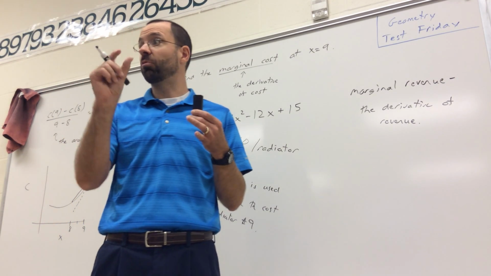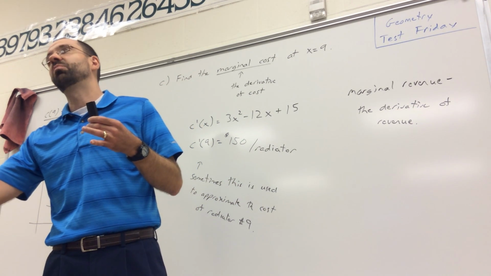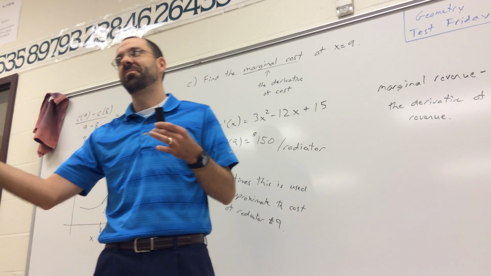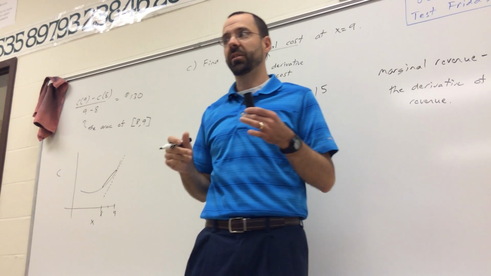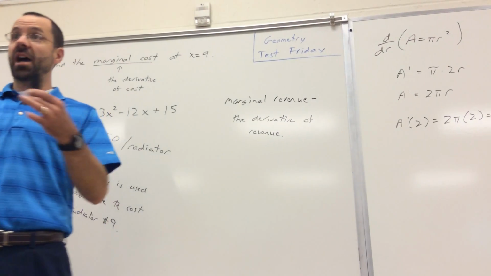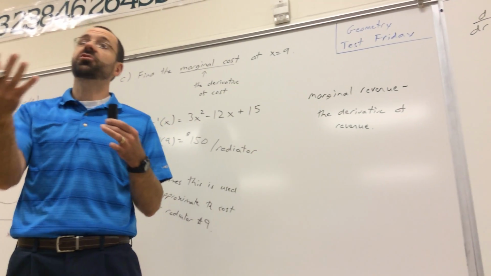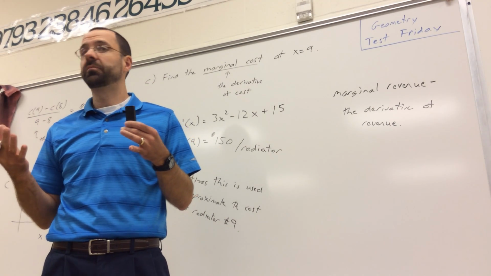It's my extra revenue that I can get for radiator number 9. Or it's going to be the approximation, right? Because the actual revenue would be R of 9 minus R of 8. Okay, so the meaning of this then is it's how much extra revenue you can get, how much extra money you can take in if you make radiator number 9.